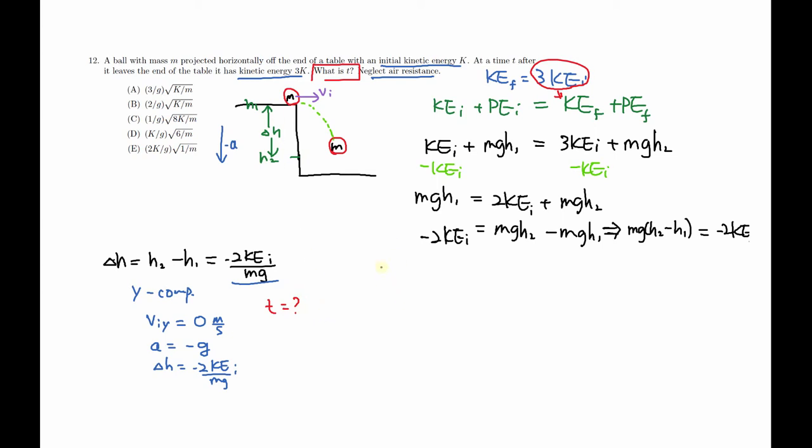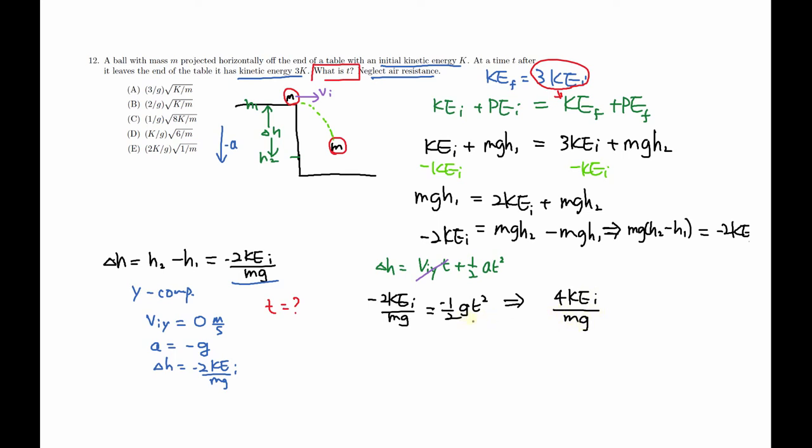We use the y component equation. We do know that initially in the y direction there is no velocity, and just plug in the values. Now, the minuses cancel out, and I can multiply 2 on both sides, so 4 times the kinetic energy over mg.